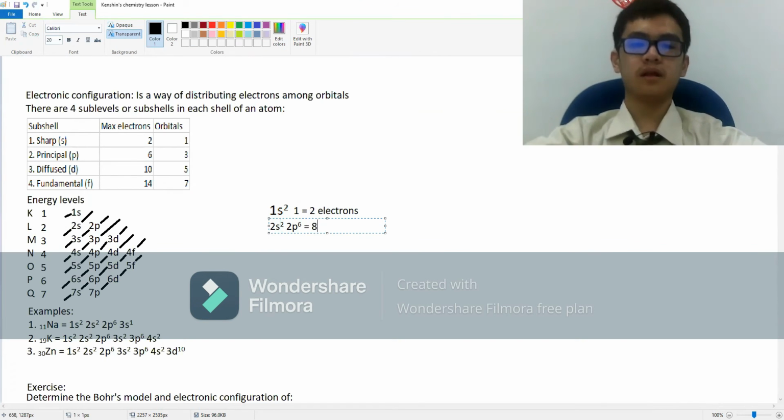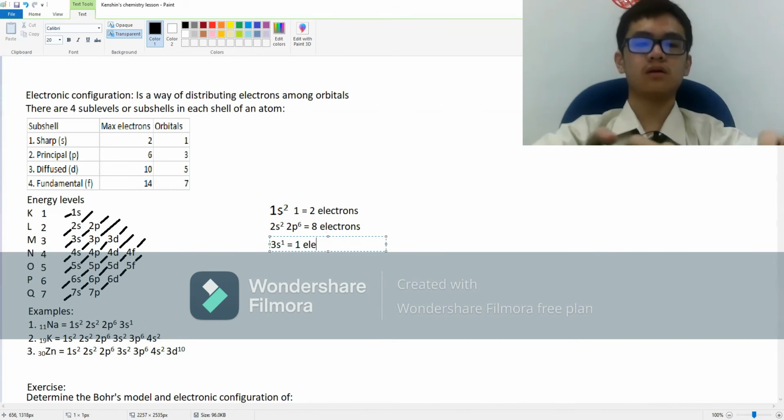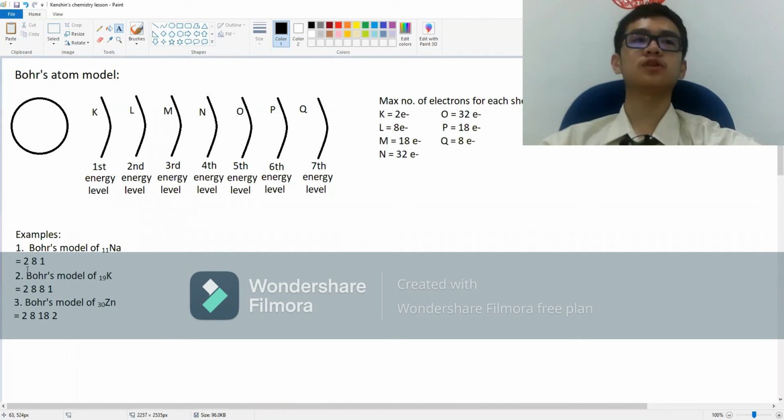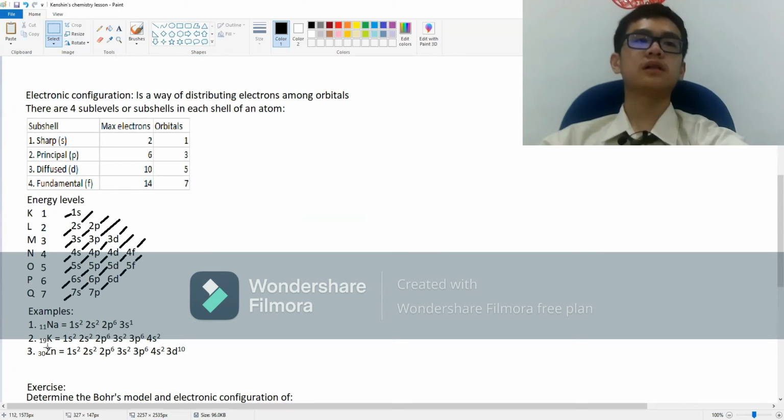You get 8 electrons. And for the last one, you have 3s1. And from here, you have 1 electron. So now we have the first shell, second shell, third shell. First shell is 2, second shell is 8, and third shell is 1, resulting in the Bohr's model of 2, 8, 1.